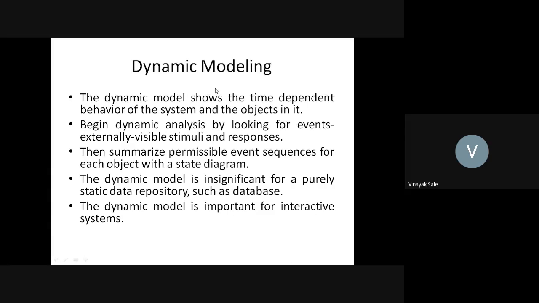Then second is the dynamic model. The dynamic model shows the time dependent behavior of the system and the objects in it. Begin dynamic analysis by looking for externally visible events, stimuli and responses, then summarize permissible event sequences for each object with a state diagram.